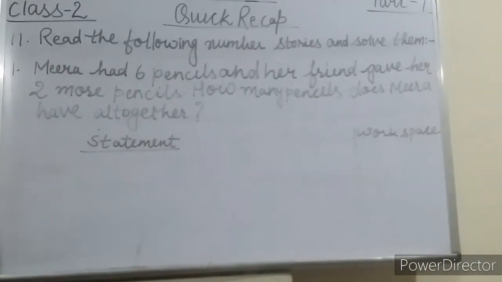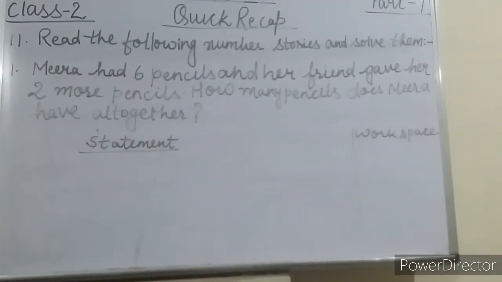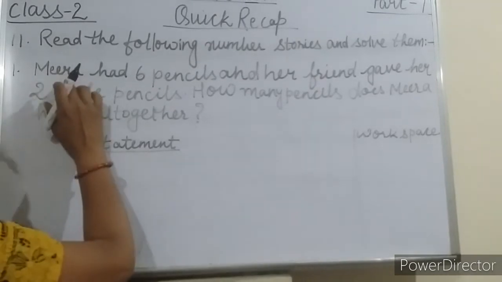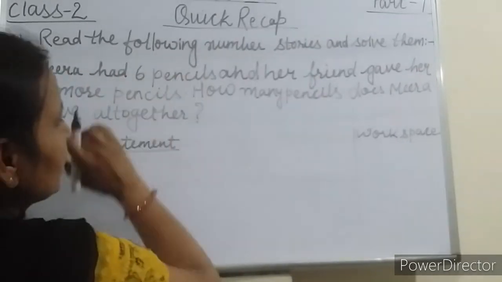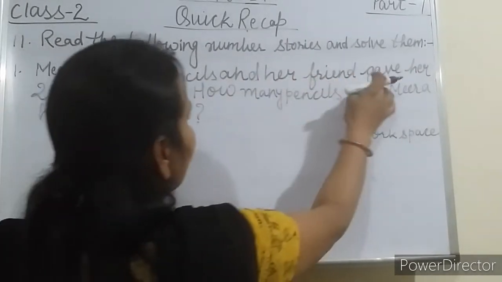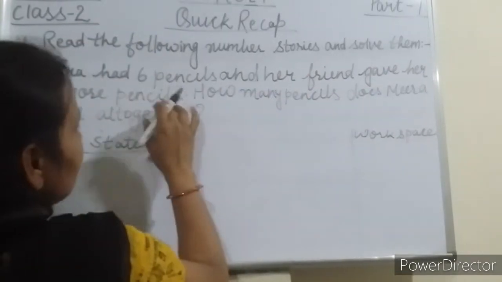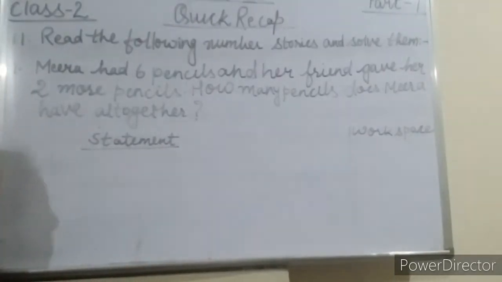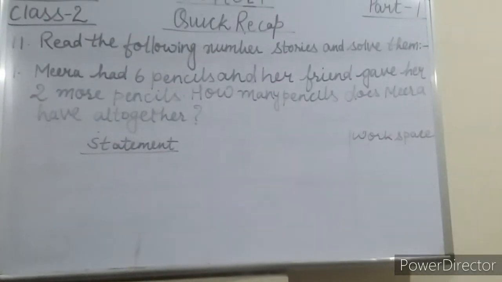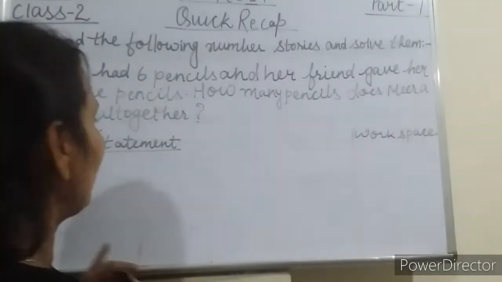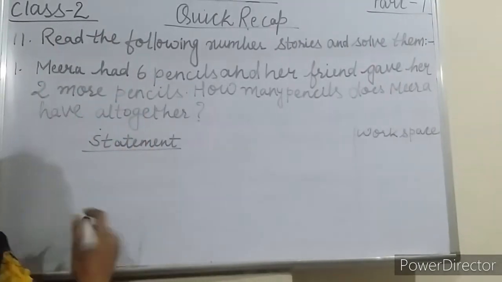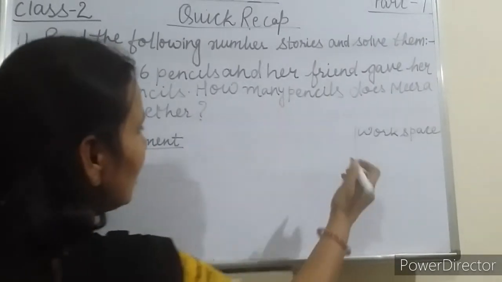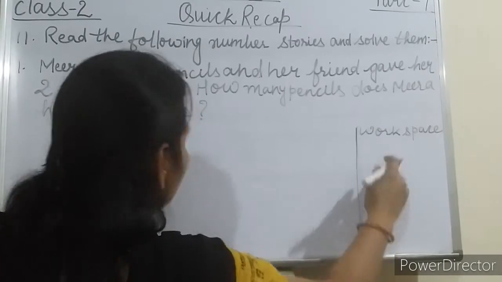Read this: Meera had 6 pencils and her friend gave her 2 more pencils. How many pencils does Meera have altogether? First of all, you have to write the statement, and after that you have to do the workspace.